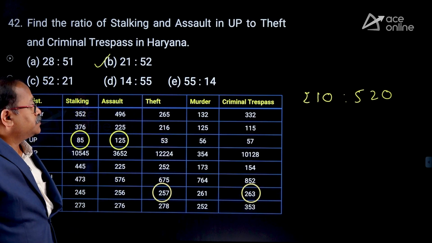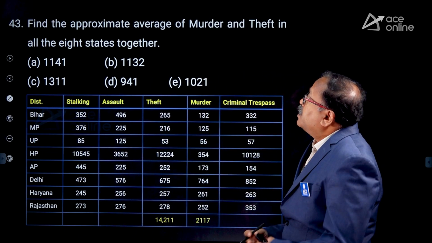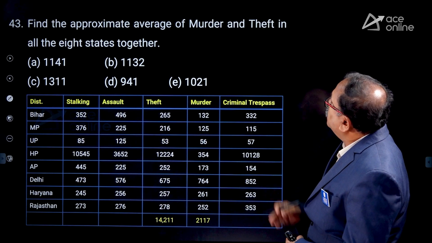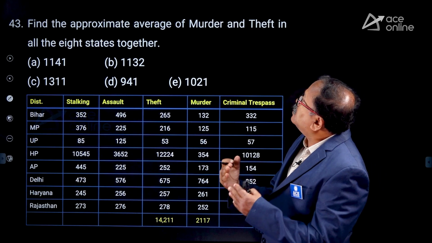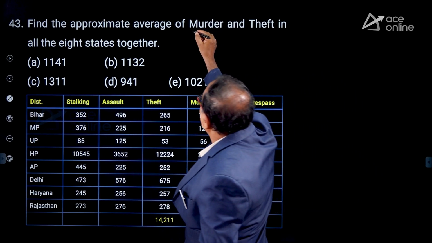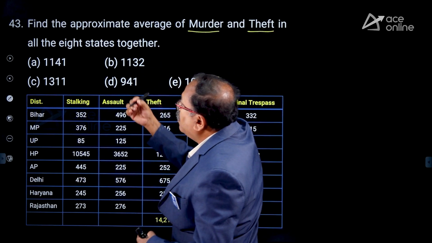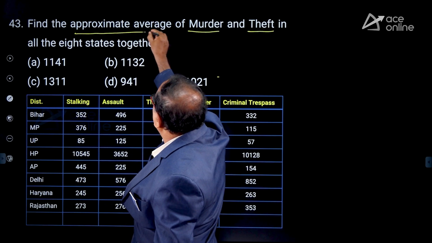Next question. What is this question all about? Find the approximate average number of theft and murder in all the 8 states together. Murder and theft, two things, of all the states together. Approximate average.